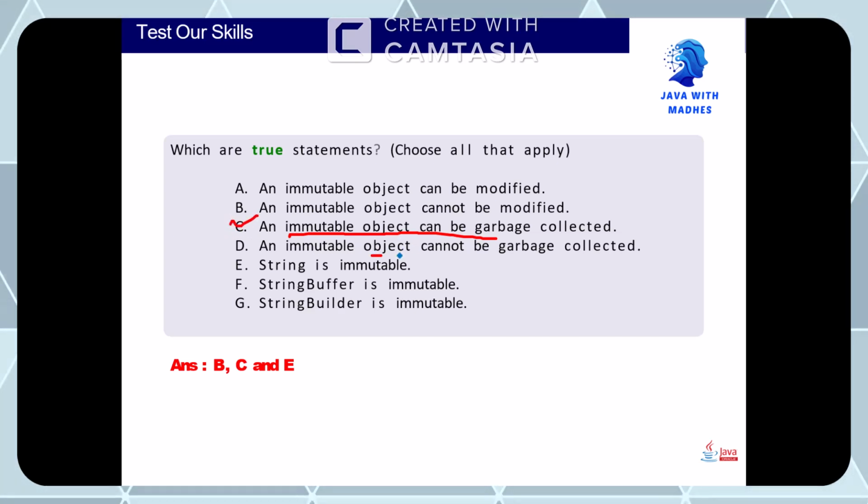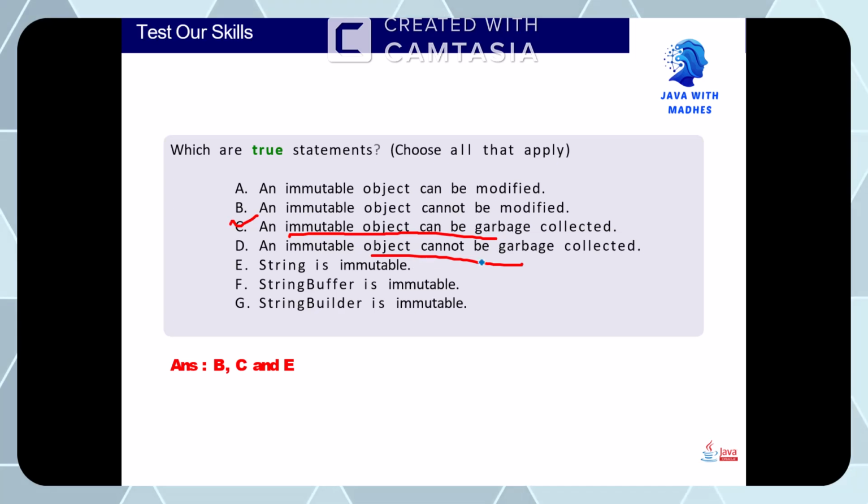And here we have said that an immutable object cannot be garbage collected. No, that is wrong. Once the lifetime of an object is over, or the object is not used for a long time, Java will automatically do garbage collection. So this statement is also wrong. So the correct statements are option B, option C, and option E. These are the right answers.